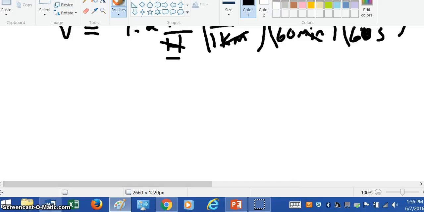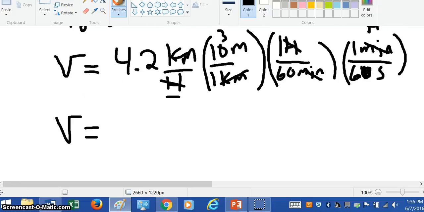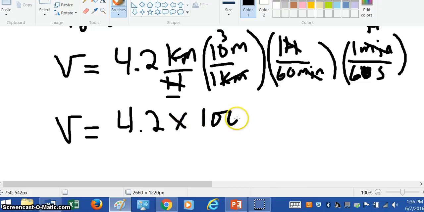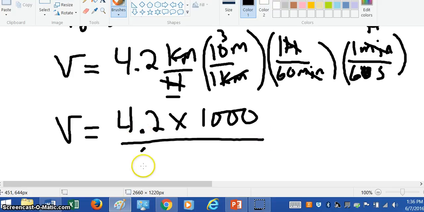So remember, we've canceled everything in terms of units, so the velocity is 4.2 times 10 to the third, which is of course 1,000, and then the whole thing is divided by 60, and also divided by 60 again, or divided by 60 squared.